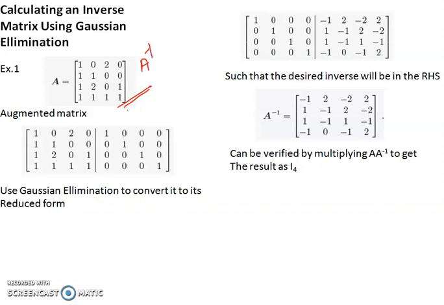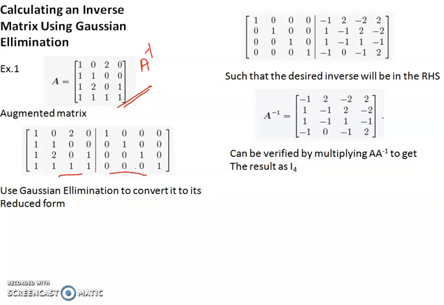By applying the Gaussian elimination method you will be able to compute it. For that, first you need to augment the matrix like this. This is the given matrix; insert the identity matrix together with that matrix. Augment the matrix with the identity matrix.